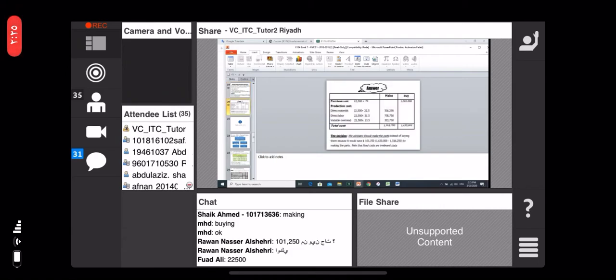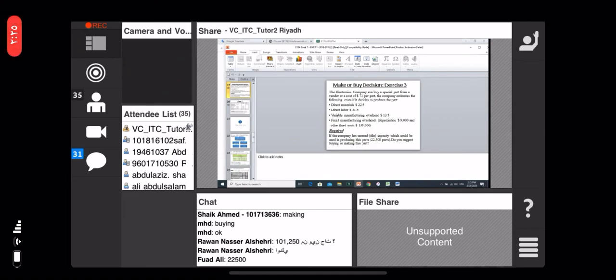just multiply the variable costs: direct material 22.5 multiply 22,500, and for direct labor 31.5 multiply 22,500, and overhead cost 13.5 multiply 22,500.